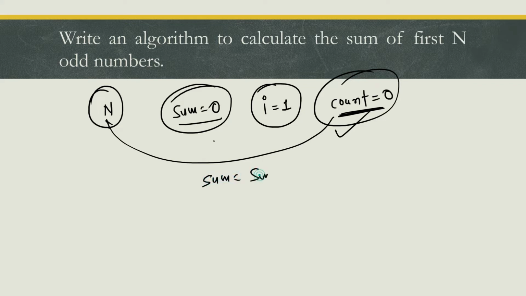We have to calculate sum is equal to sum plus I, as we have done in the previous one. In this case, I have to increment I by 2. Why I by 2? Because if this is an odd number, if I add 2 to that number, then we will get the next odd number. Then we have to increment count by 1.